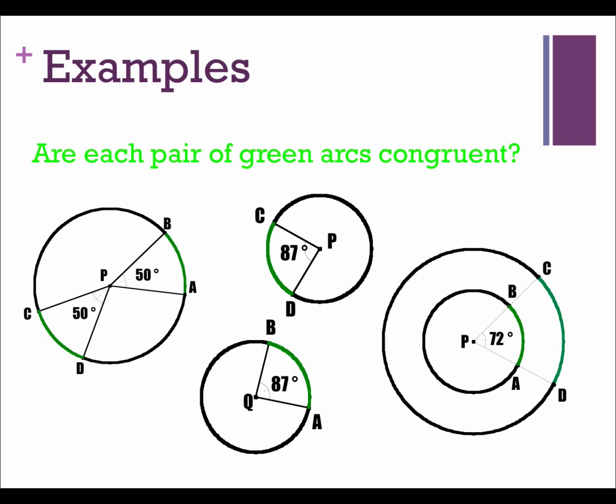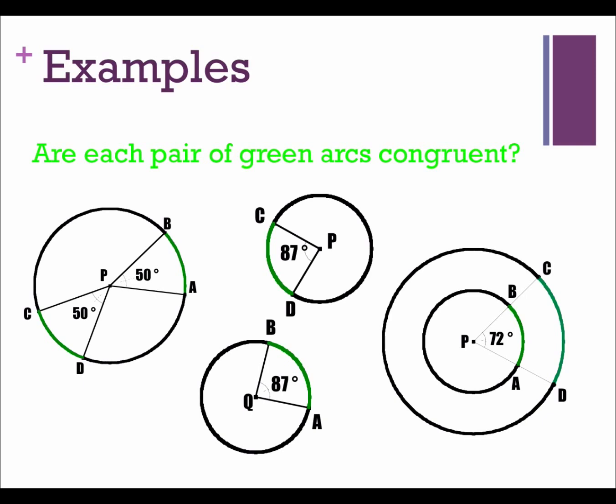What about all the way here on the right? Are those arcs congruent? No, obviously they're not. So I went from the left, which is one circle where the arcs have to be congruent, to two questionable circles, to two obvious non-congruent circles.